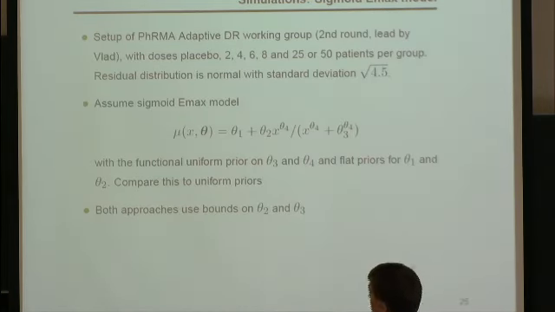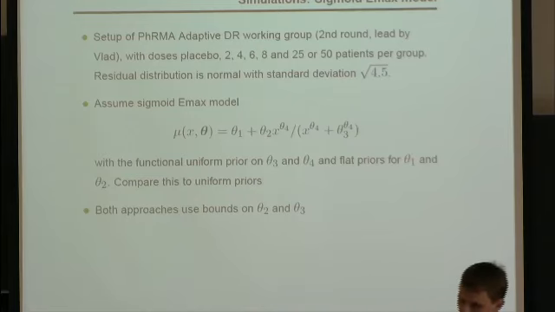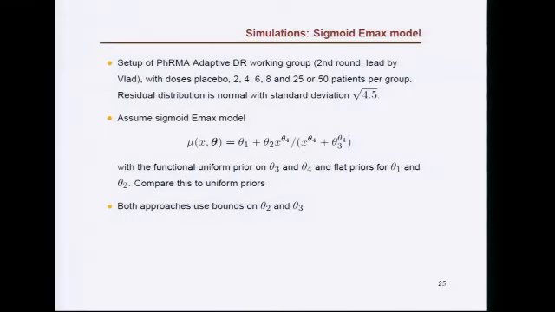Okay, so what I did as well was a small simulation study. The simulations were performed in the setup of the PhRMA Adaptive Dose Ranging Working Group, the second round led by Vlad. The setup was a placebo dose and then 4 active doses, and I used 25 or 50 patients per group with a standard deviation of square root of 4.5.